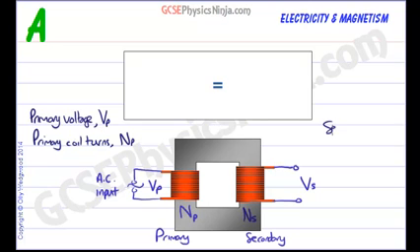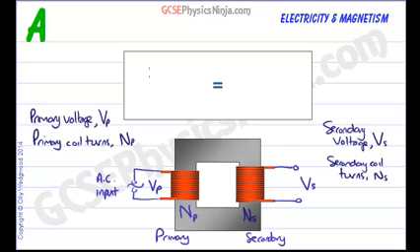The secondary voltage, that's your output, secondary voltage, that's Vs, and your secondary coil turns is Ns.